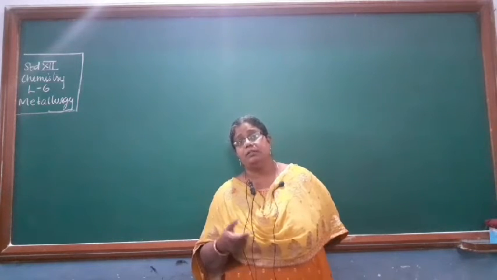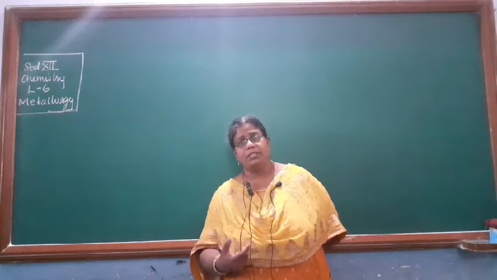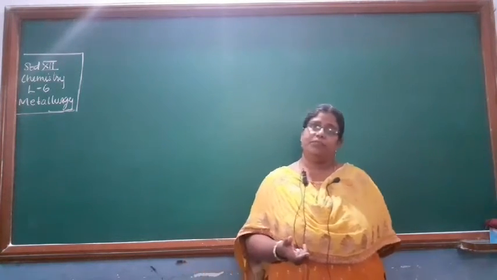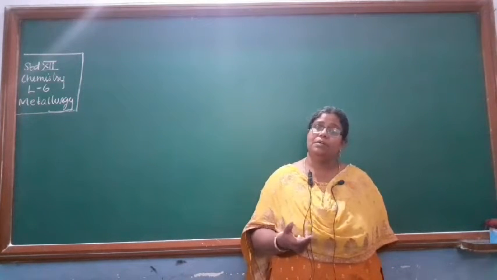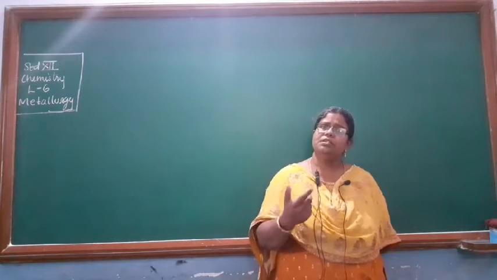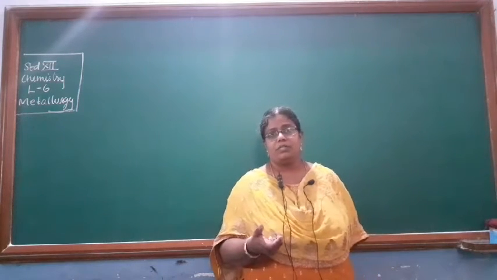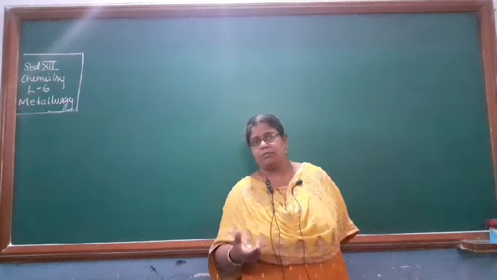When I say zinc, again zinc also exists in the carbonate form, in the sulphide form, in the oxide form. Then you have aluminium, of which the main ore is bauxite. So from these various ores, zinc has calamine as one of the oxides, then zinc blende is another ore of zinc.